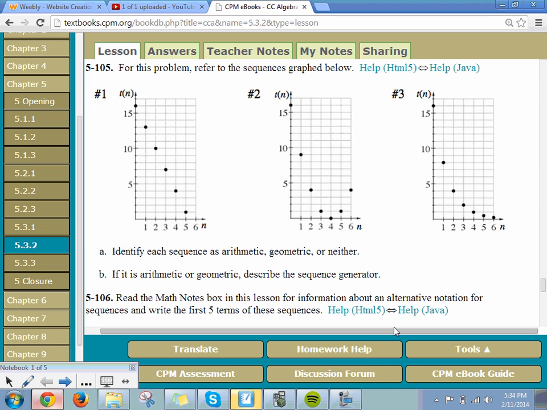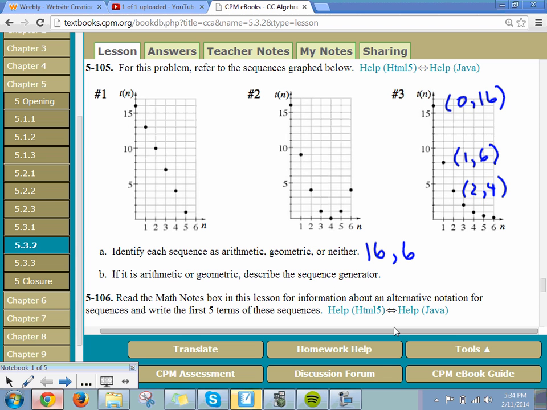So with this one, see if I can scroll over a little bit. Nope. We're going to do what we did in number 1, where we're going to pick our points. We again have the point starting at 0, 16. Our next one is at 1, 8. And we have 2, 4. And we're interested in seeing how that one's going down.